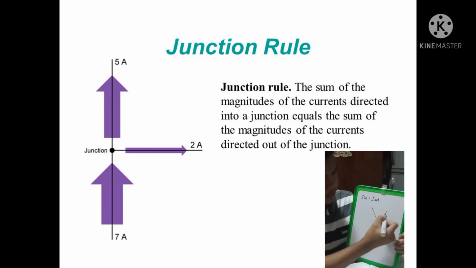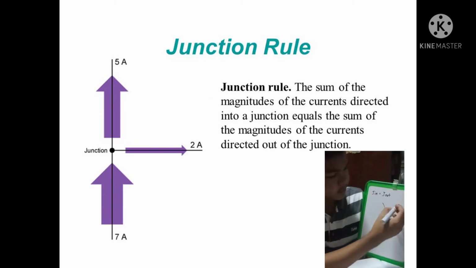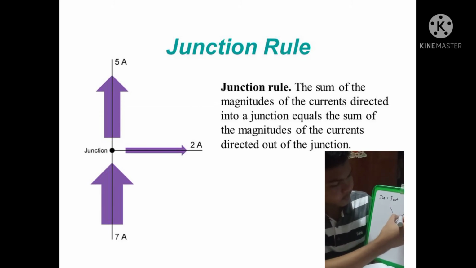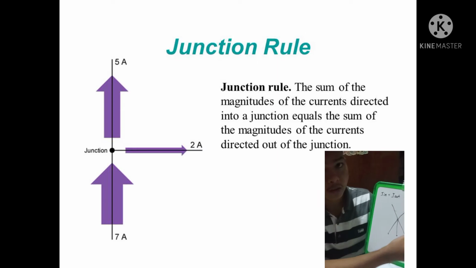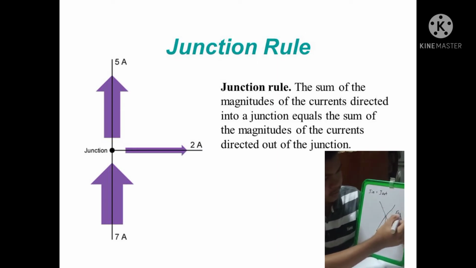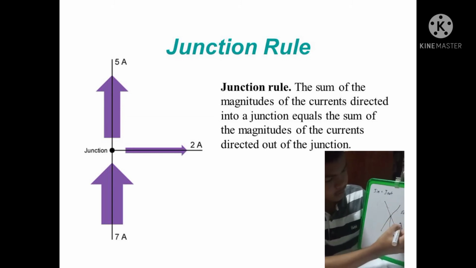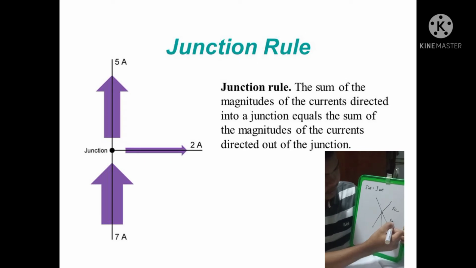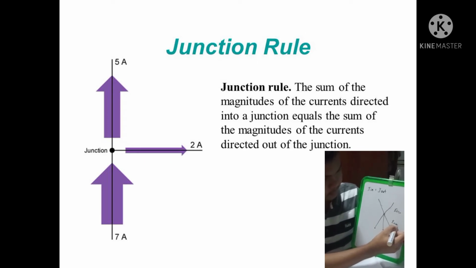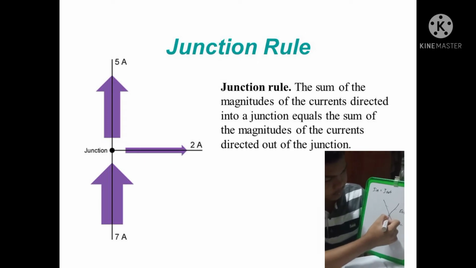Now we can see, if we have these two values for these currents, the sum of these currents, which is incoming for this junction, is equal to the sum of the currents outgoing in this junction.